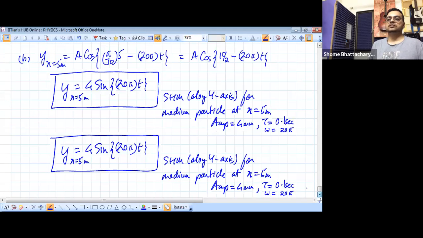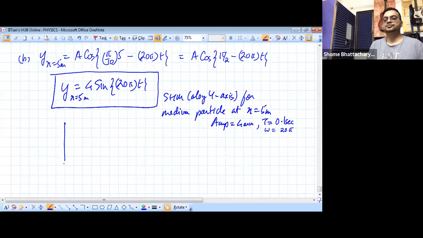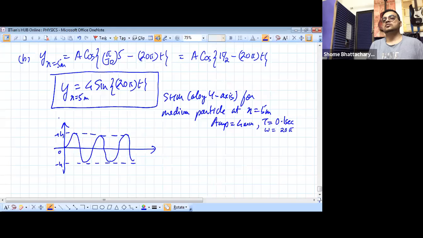So this one's oscillation with respect to time looks like a regular sine graph. So this is one time period. Or over here, this will be the completion of one cycle. This will be half a cycle. This will be quarter of a cycle. And that time period is 0.1 seconds.